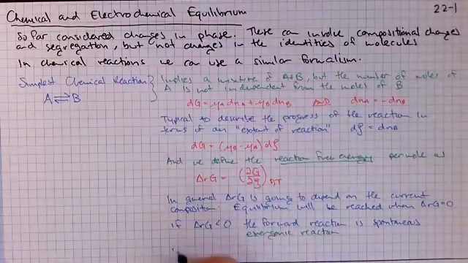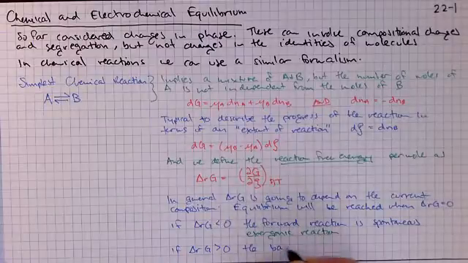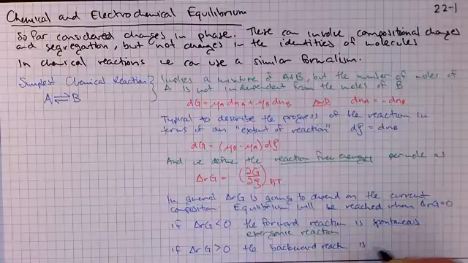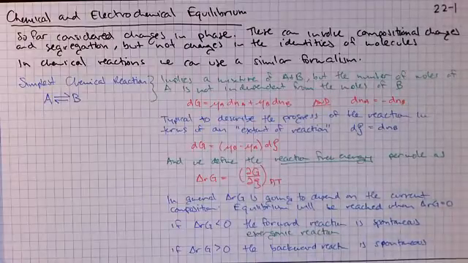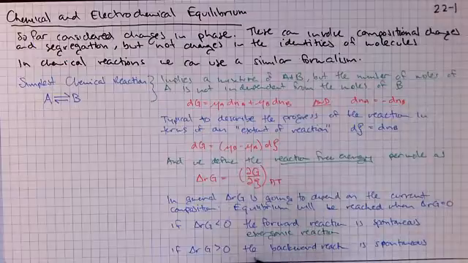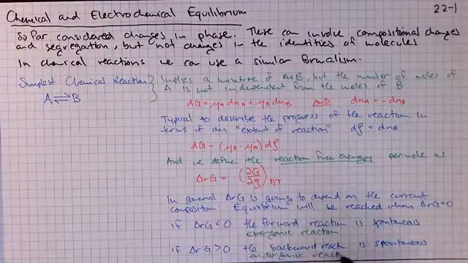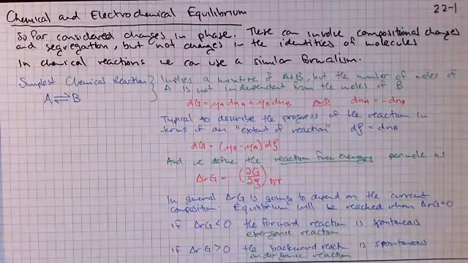Or if delta Rg is greater than 0, then the backward reaction is spontaneous, and that's known as an endergonic reaction. Okay.